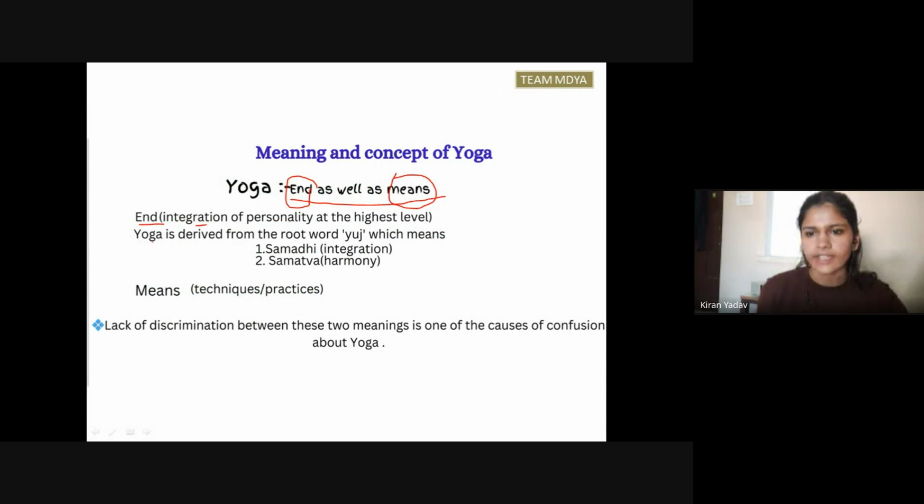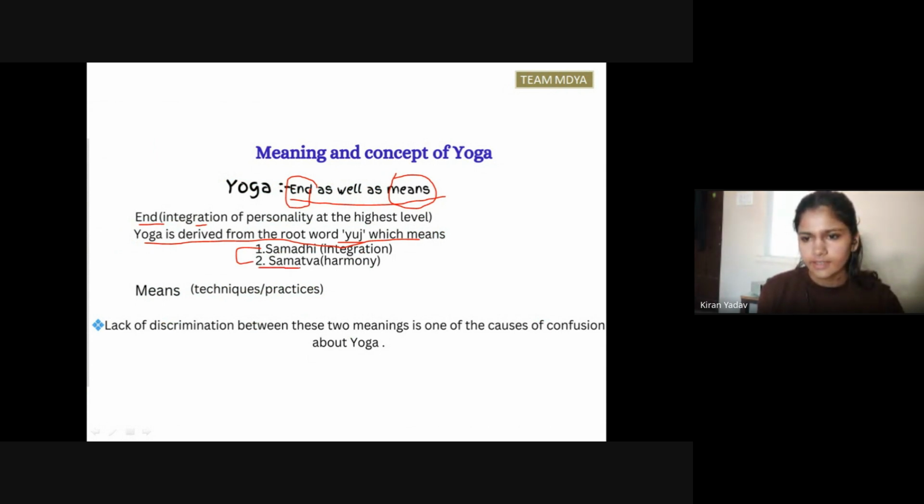This is the end, the stage which we call samadhi. This is the end stage. Yoga is derived from the root word yuj, which has 2 meanings, samadhi and samatva. Samadhi means integration with the highest level, with Paramatma, integration of Atma with Paramatma.